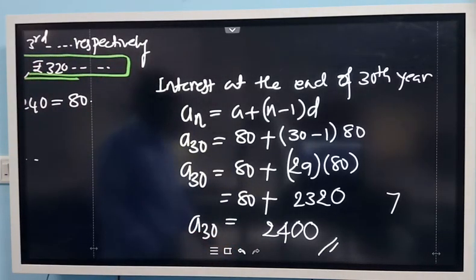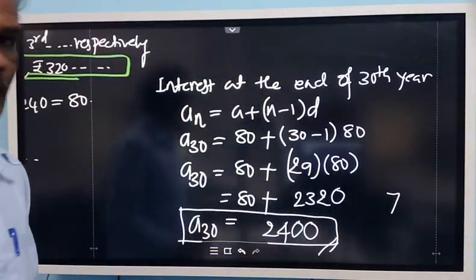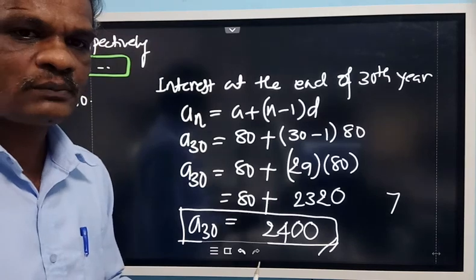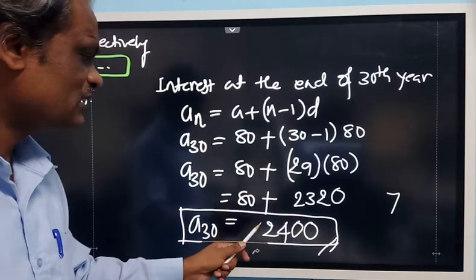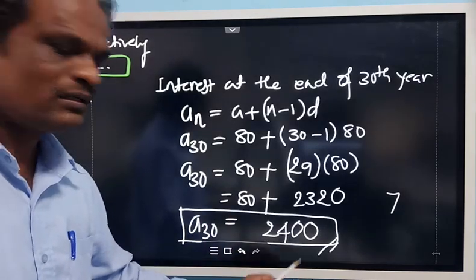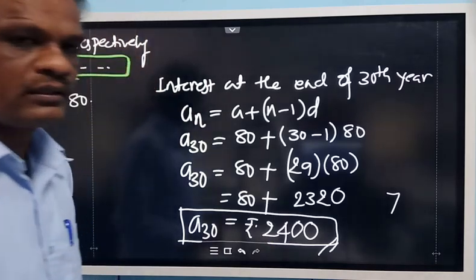So this is the interest you will get at the end of the 30th year for the same amount, rupees 1000 principal value at the rate of 8% per annum. The interest that you will get at the end of the 30th year is 2400 rupees.